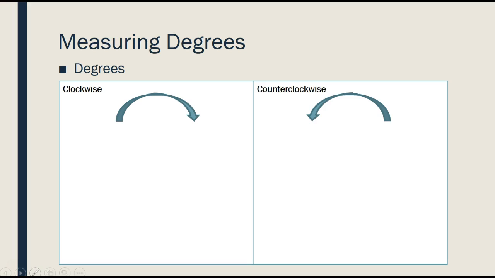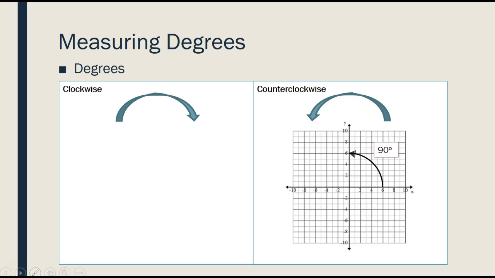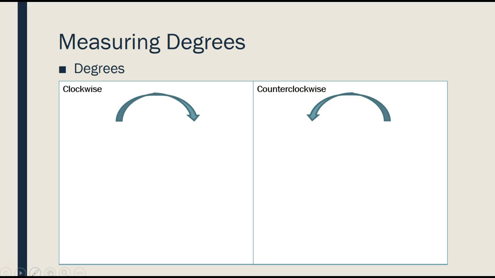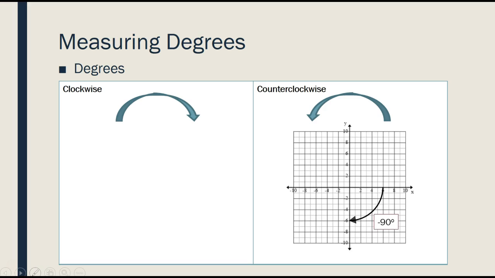Now let's consider counterclockwise. Again, we're looking at a 90 degree angle, 180 degrees, and moving beyond that, we might be looking at a 270. Also, as math people tend to think counterclockwise when we're looking at our angles, what happens if we go in the reverse direction, clockwise?